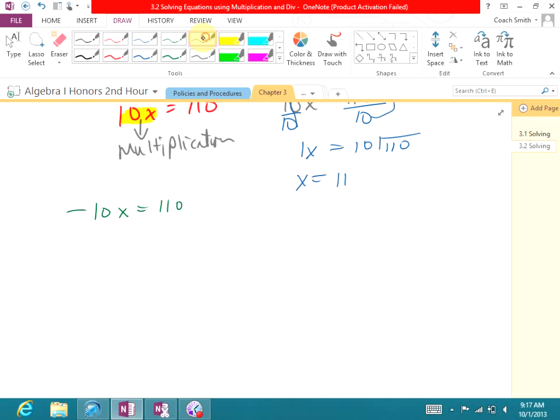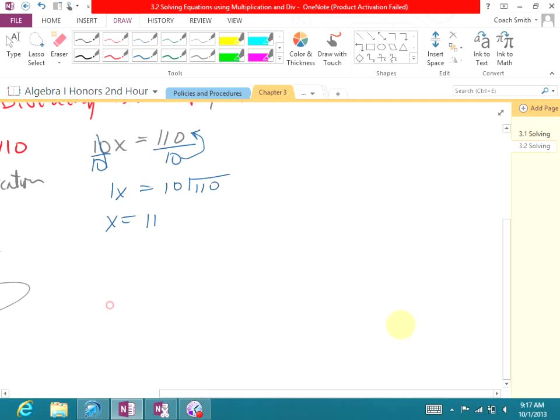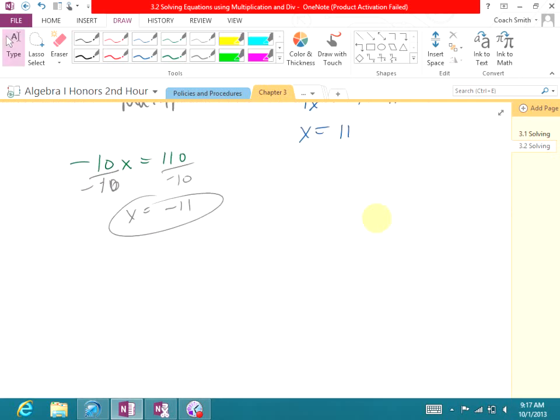Okay, we're still going to divide by negative 10 to both sides. Whatever I'm multiplying by to the variable, I divide by that. Okay, and so that's still the same thing, it just basically changes this to negative 11. Okay, so that's the only thing that really changes.